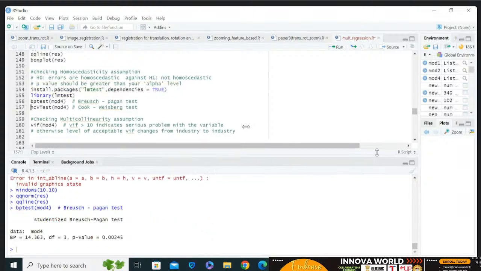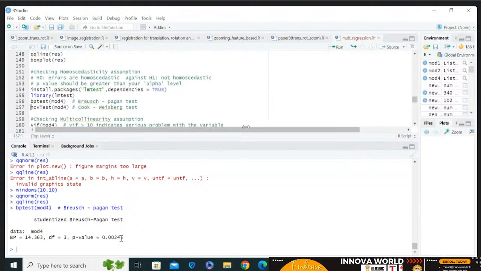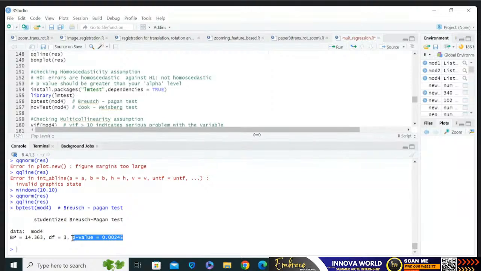From the p-value, what will be the decision, whether the errors are homoscedastic or not? This p-value is very small, smaller than 0.01 as well as smaller than 0.05.